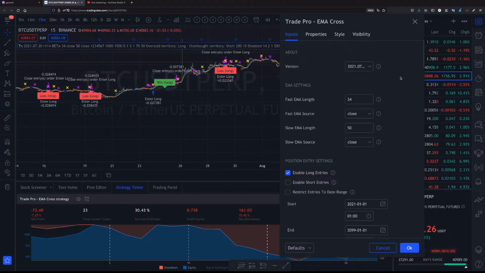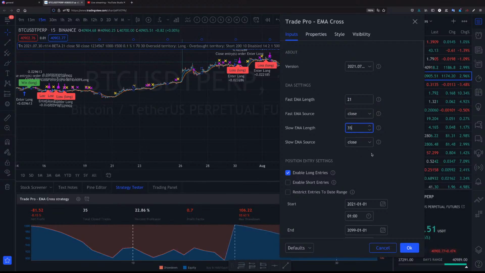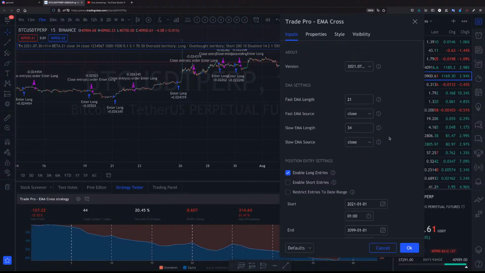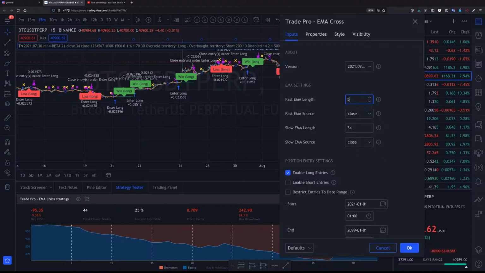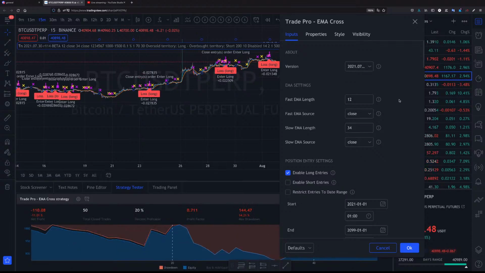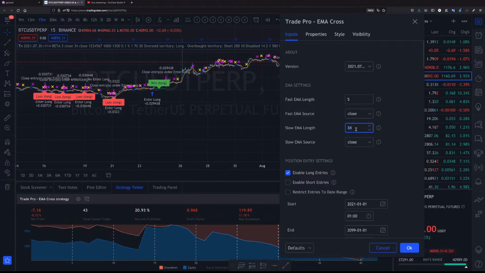15, yes. Okay, so let's go down with this one and with this one. Okay, let's go much lower with this one. Nothing. Let's go much lower. 5. And let's take this 15.